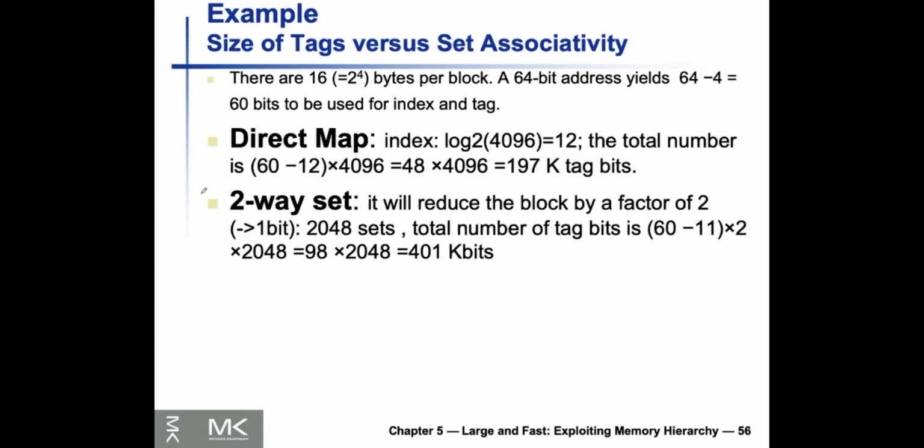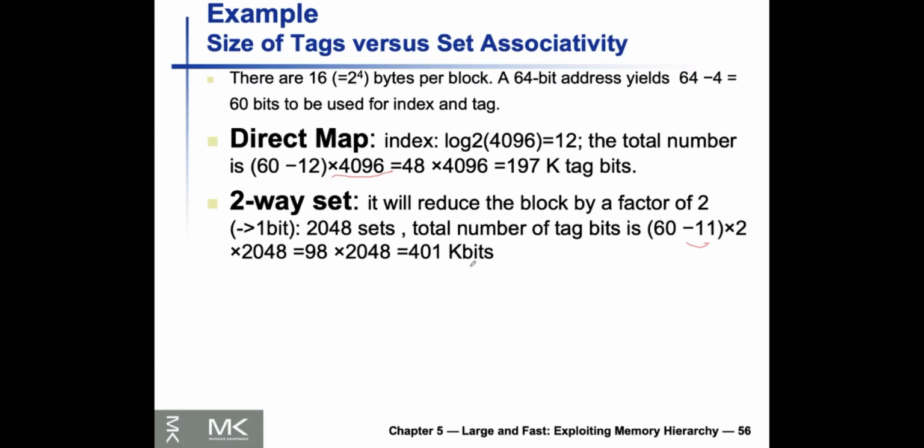When you take one more bit, instead of 4096 you take one bit out of it, which is 11. Instead of 12, it's going to be 2048, okay? So the total tag bit is going to be, instead of 60 minus 12, 60 minus 11. With a two-way set, you multiply by 2 those 2048, which is the same as 4096 above.